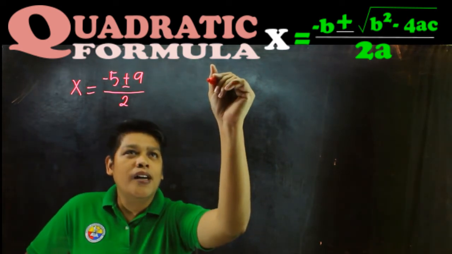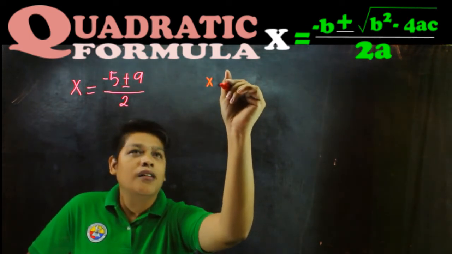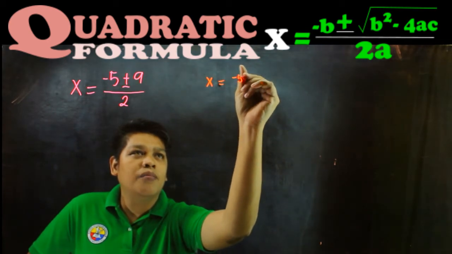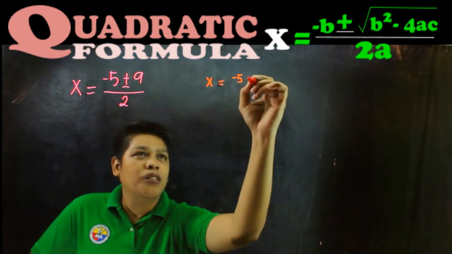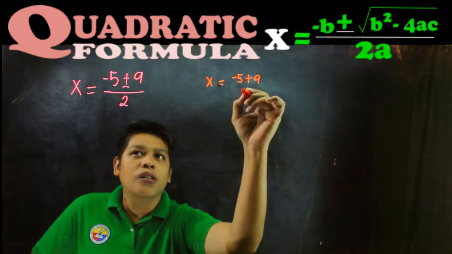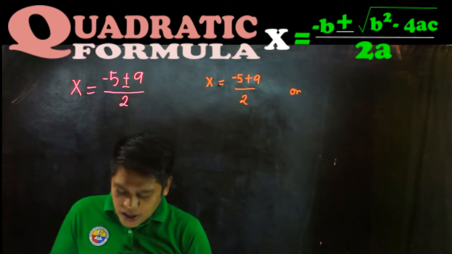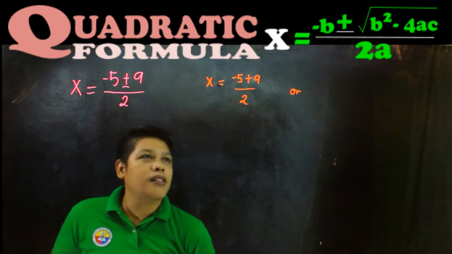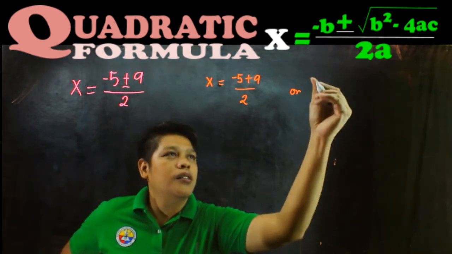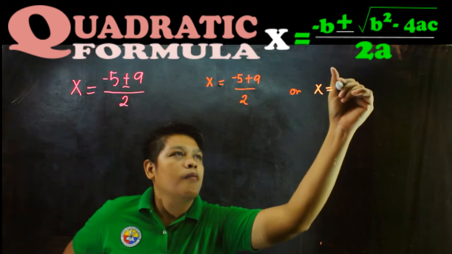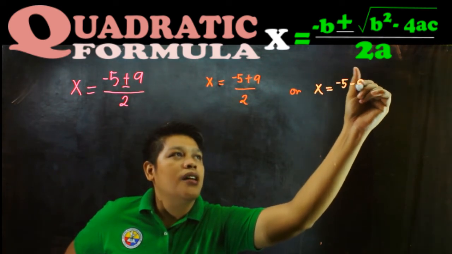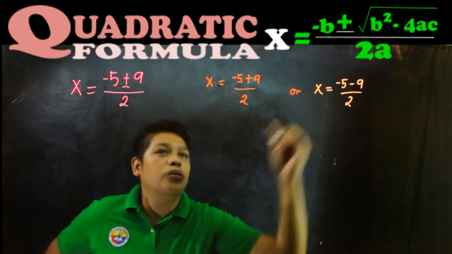So yung una, x equals negative 5 plus 9 over 2, and x equals negative 5 minus 9 over 2.